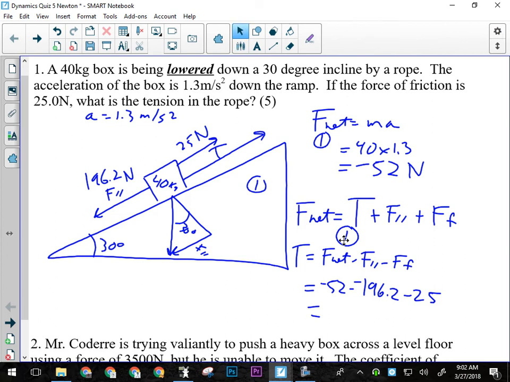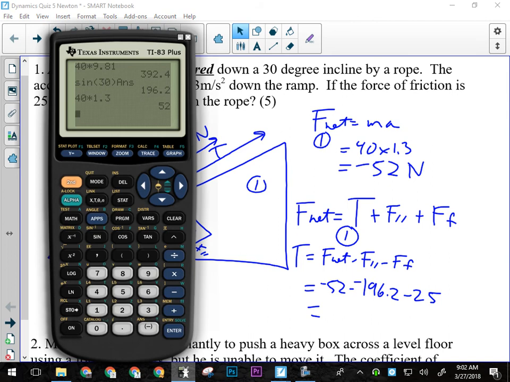Oh, sorry, I meant for you to get a mark for calculating F parallel. So if they have F parallel calculated, they get a mark for that. All right, so we have negative 52 minus negative 196.2 minus 25.